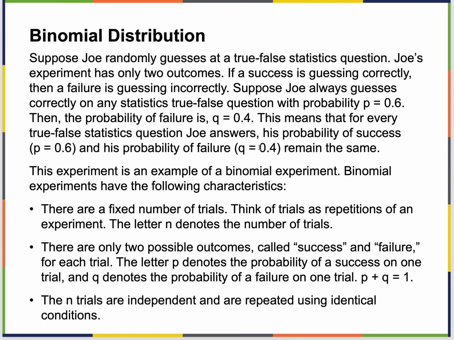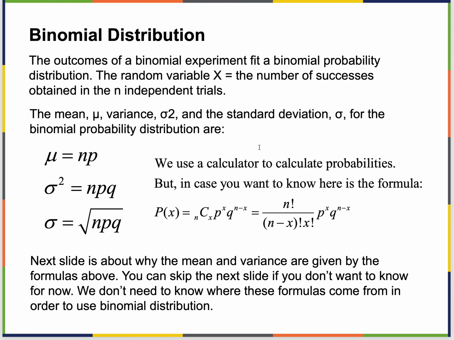The letter p denotes the probability of success on one trial, and q denotes the probability of failure on each Bernoulli trial of this experiment. So the n trials are independent and are repeated using identical conditions. That's what defines a binomial distribution.